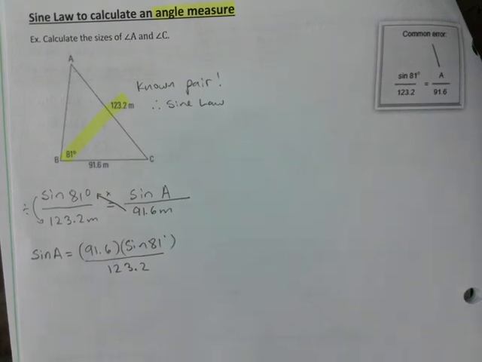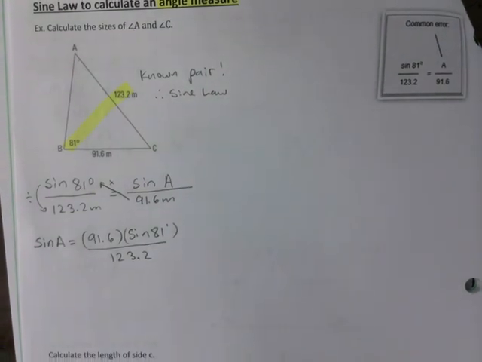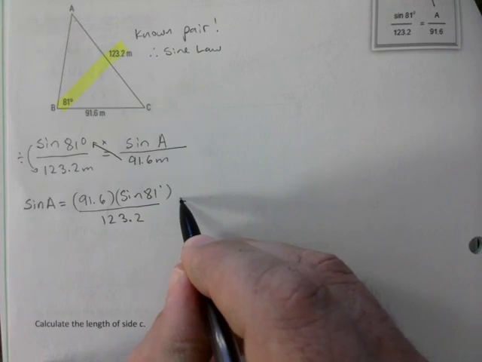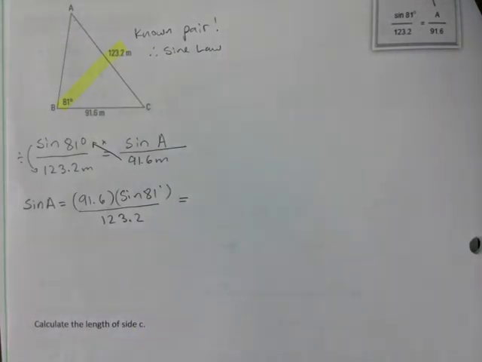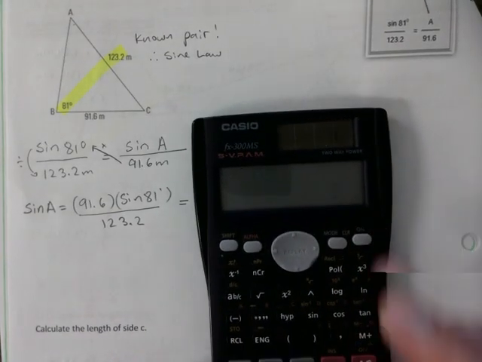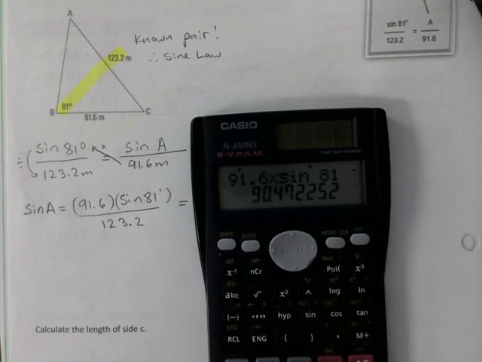And just to make life a little easier, I'm going to do this. In this particular case, I'm going to go like this. Watch. I'm going to say equals. And let's go ahead and find out what this all amounts to. Because there is an extra step with angles. Okay, 91.6 times sine of 81 equals, I'm going to divide that by 123.2.